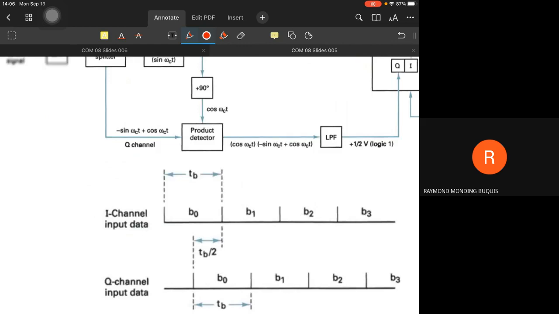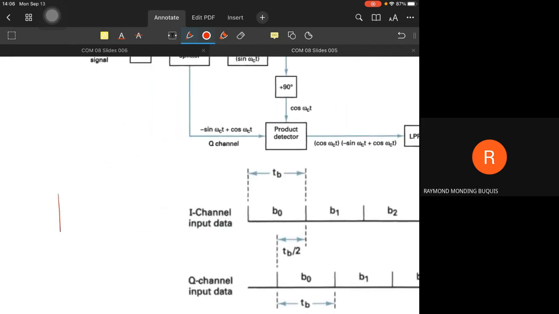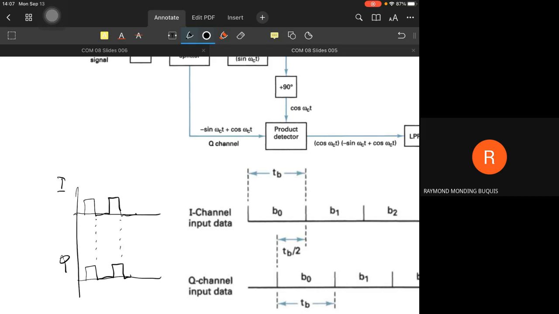So originally, in phase, the two are synchronized. I think that's the proper term. The Q and I are synchronized. First the I, then the Q. So they are synchronized. But in offset QPSK, it delays the Q by 1/2 of the bit transmission.